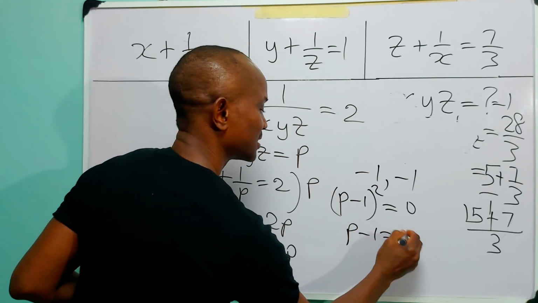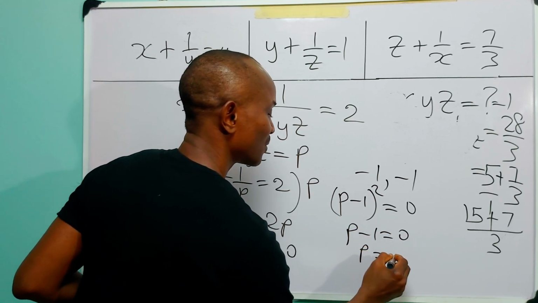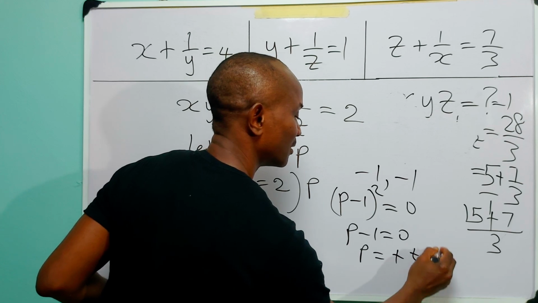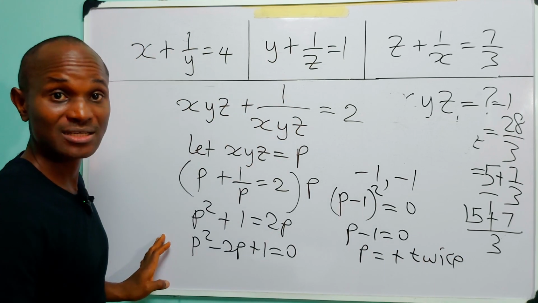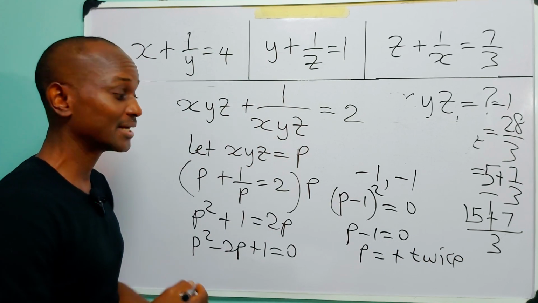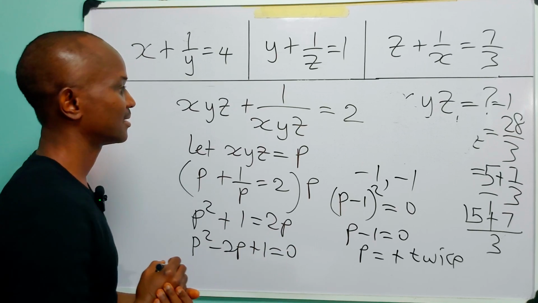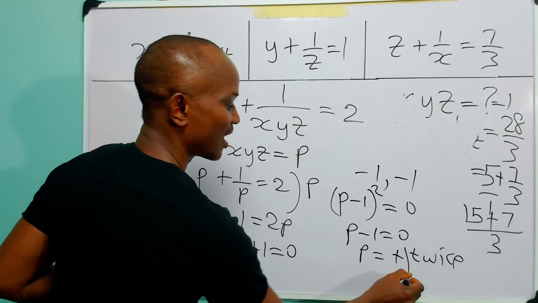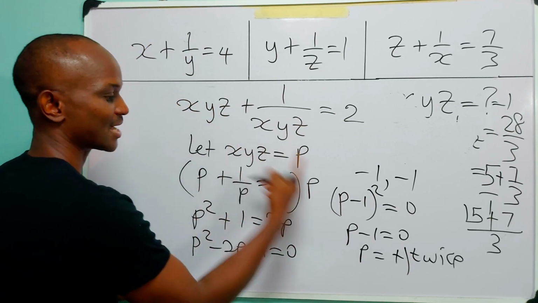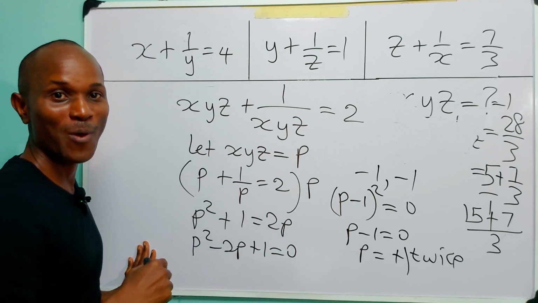P minus 1 is equal to 0 and p is equal to 1 twice, because a quadratic equation must have two roots even when the roots are coincident. So once more, we have found that the value of xyz is equal to 1.